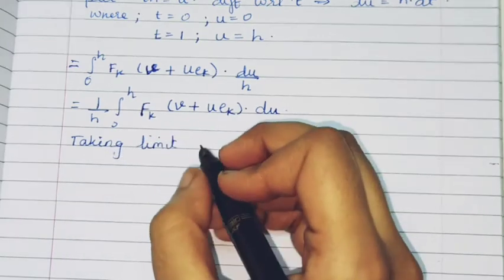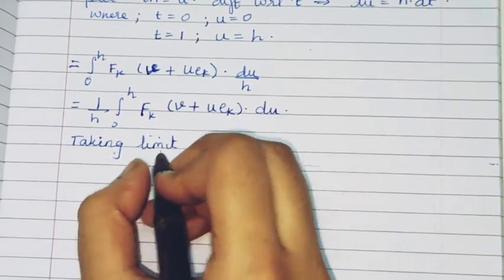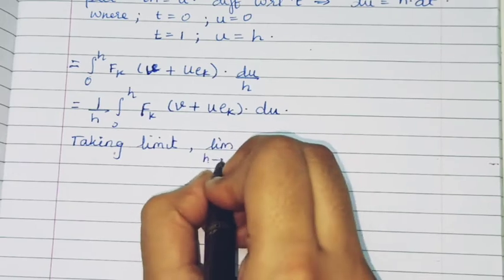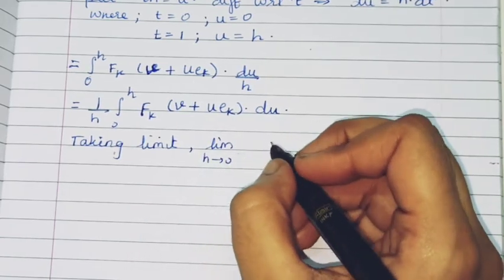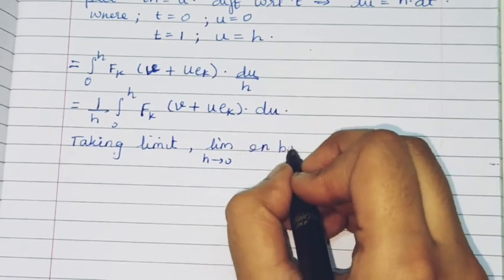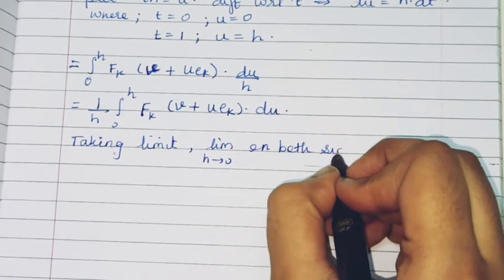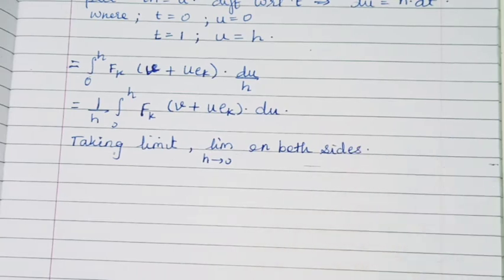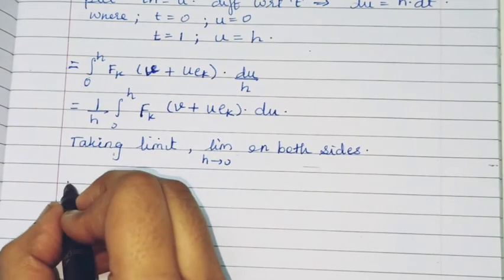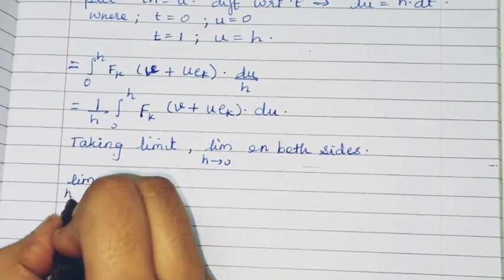Now taking limits on both sides, limit h tends to 0 on both sides. The limit should be applied on both sides, that is on the left hand side also and the right hand side also.